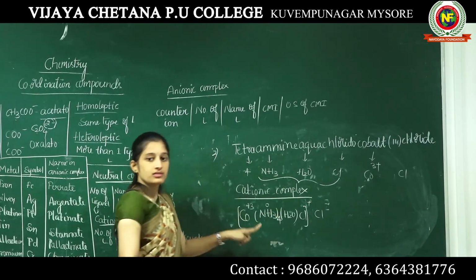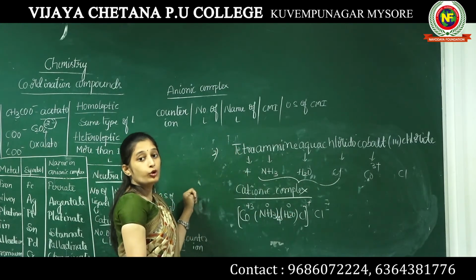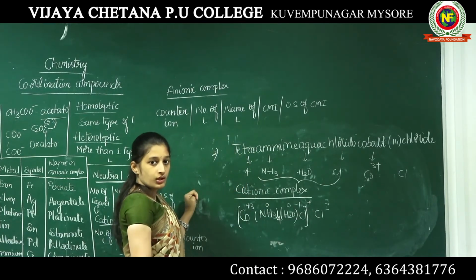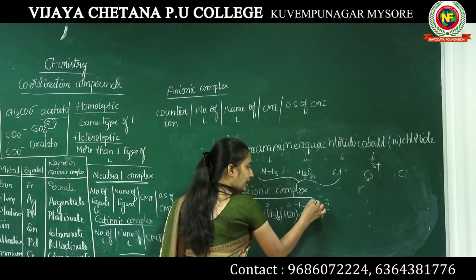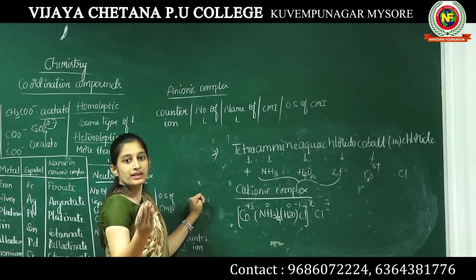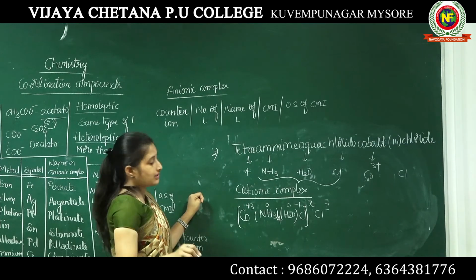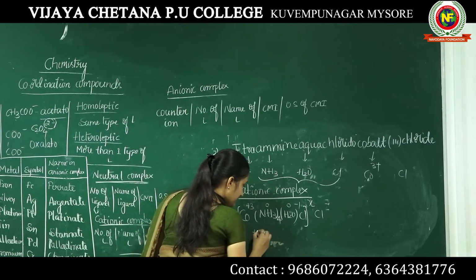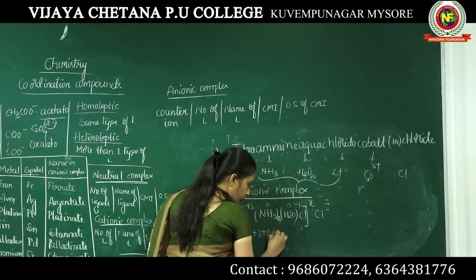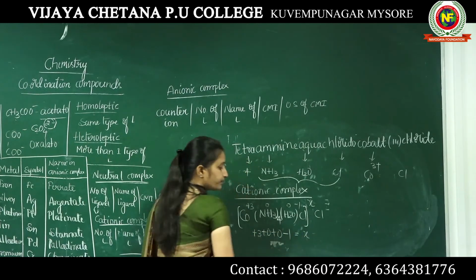Amine is neutral, 0. Water also neutral, 0. But chloride is not neutral, it carries minus 1 charge. Overall, I don't know this, x. Yes, that is positive only, but plus 1, plus 2 or plus 3, I don't know that. That's why I am going to mention it as x. Now, plus 3, 0 into 4, 0, 0 into 1, 0, minus 1 into 1, minus 1, is equal to x.